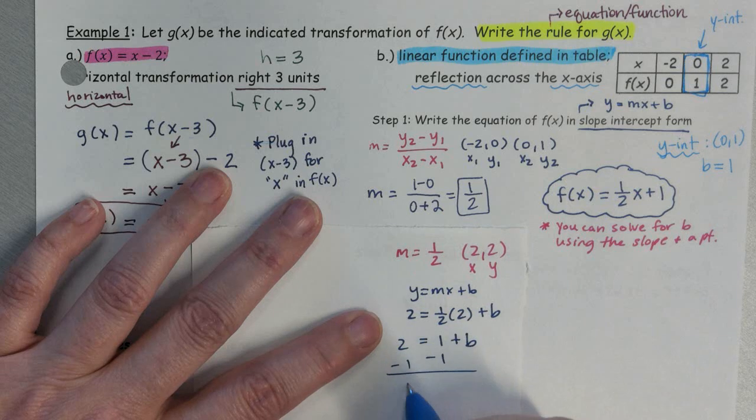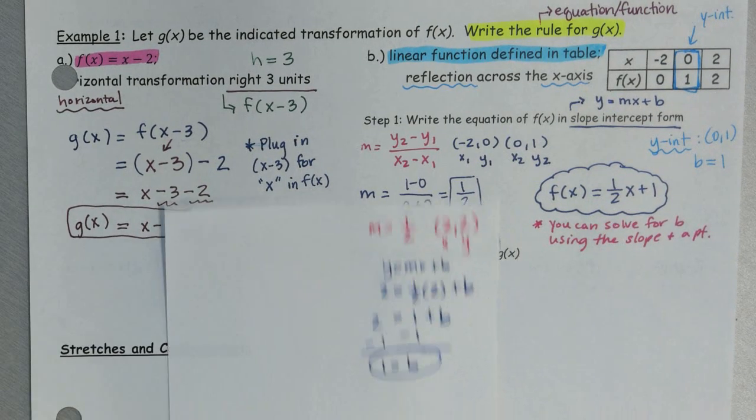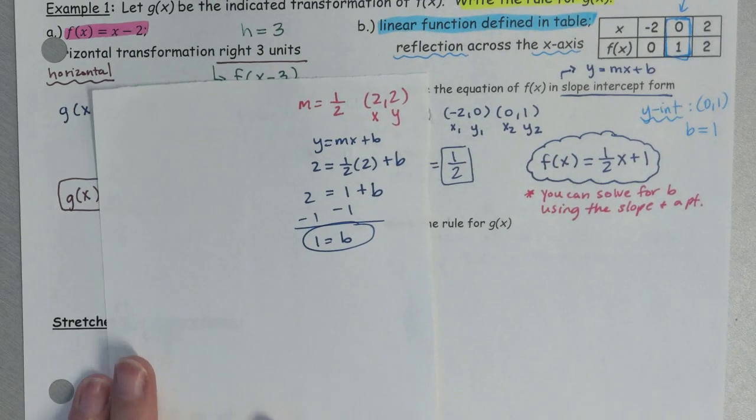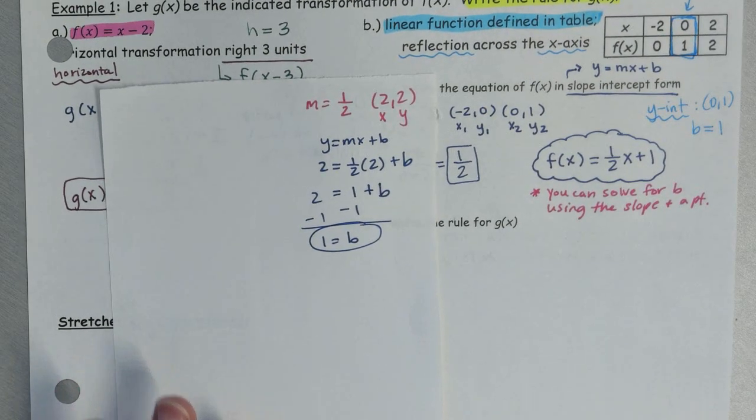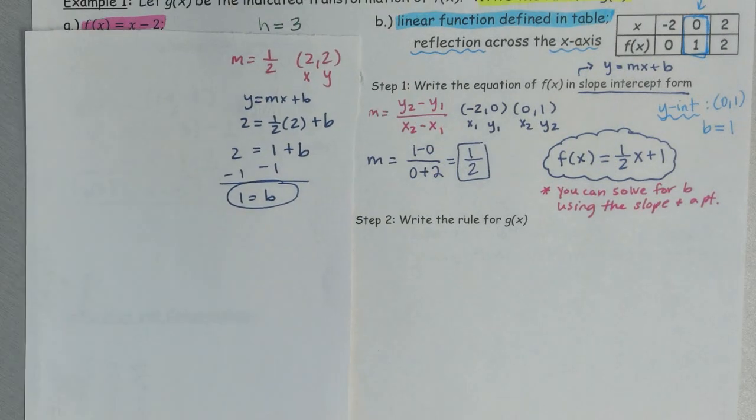Okay, and then subtract 1 from both sides, and then you'd find your y-intercept. Okay, so in this case, obviously it was 1, because we already had that on there, but you could use that. Okay, so that's something that you did in Algebra 1, and maybe even in geometry a little bit, because we dealt with parallel lines and all that good stuff.